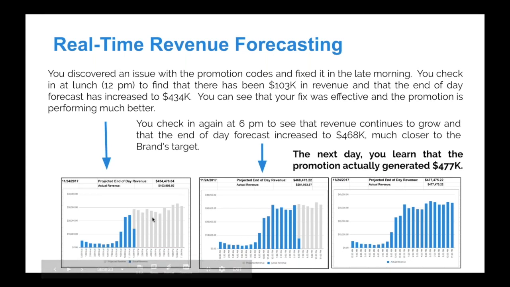We're starting to see about $100,000 in revenue, and the end of day projection has jumped up to over 430,000. Everything is stabilizing throughout the day, showing that by stepping in and intervening sooner, you can avoid a disaster situation, where something was broken on a really important promotion day, and mitigate any negative effects from that.